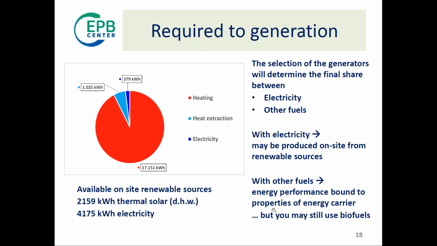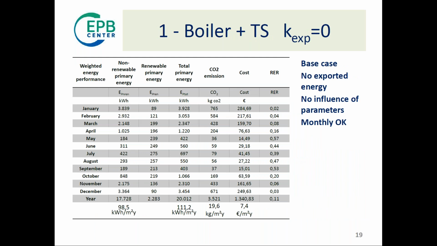When we have other fuels, your energy performance is bound to the properties of the energy carrier. But indeed, this doesn't mean that it will always be non-renewable. For example, you could use a biofuel in a boiler and you still have a renewable energy system. However, with electricity, it's far more common to be able to satisfy our building services needs.